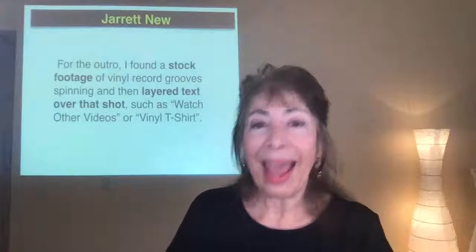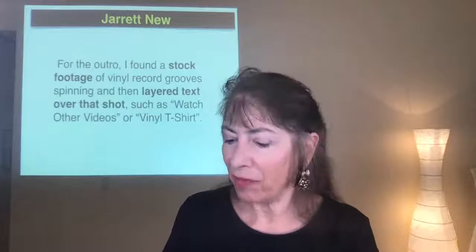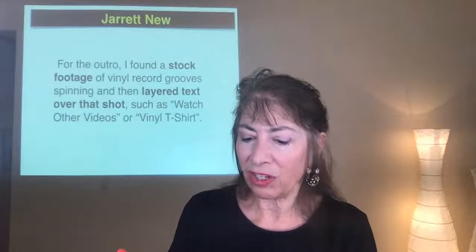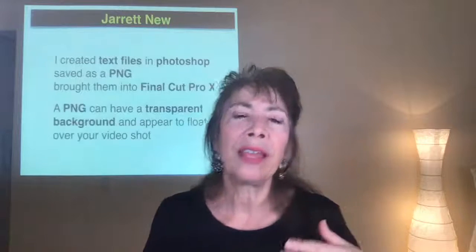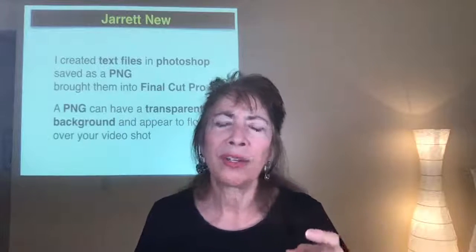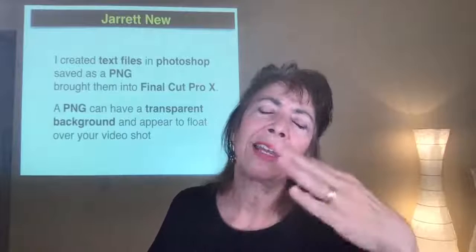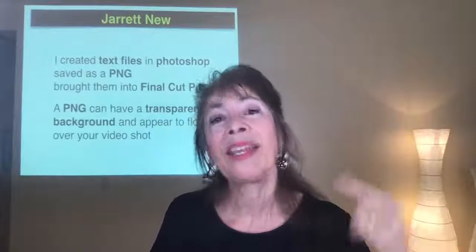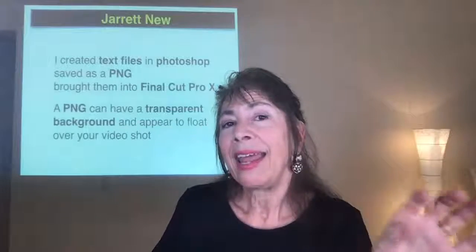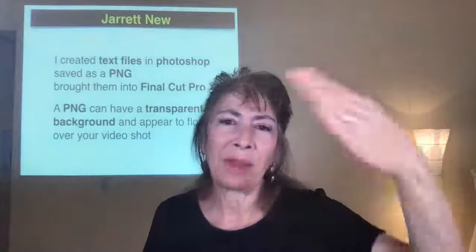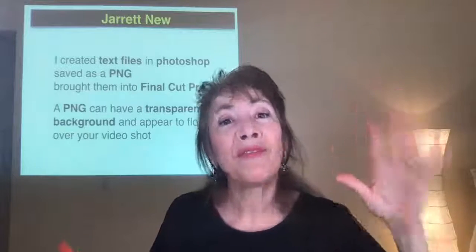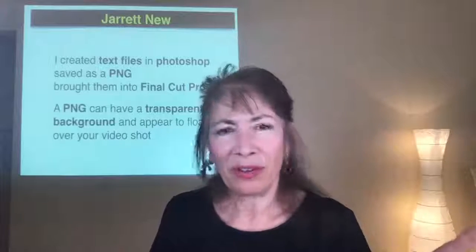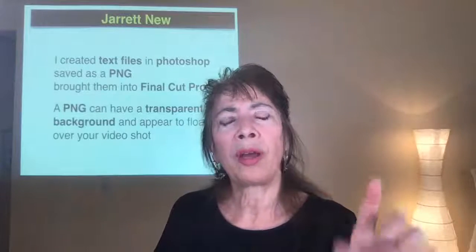So then for the outro, he found stock footage of a vinyl record with grooves spinning, and then he layered text over that shot. And the final thing that he wanted you to know was that when you look at that layered text over the grooves of the record, all you see is the text. But he didn't do that in Final Cut by pulling text down and putting it over it. What he did was in Photoshop, and you can do this in Canva for free if you don't have Photoshop, he made what's called a PNG file.